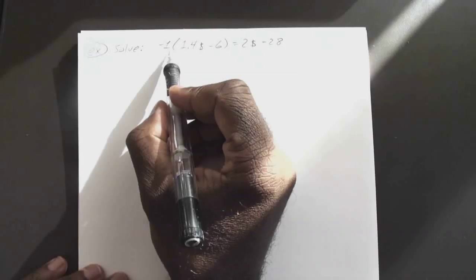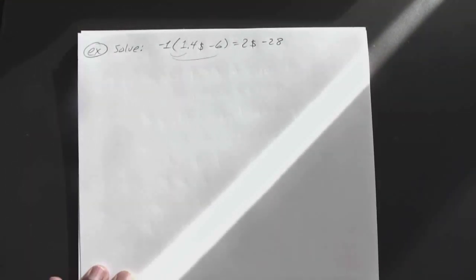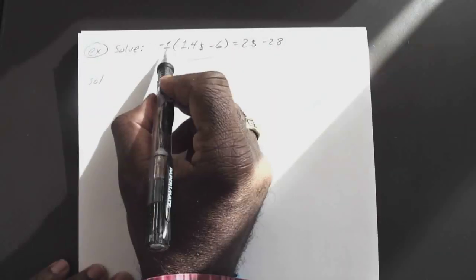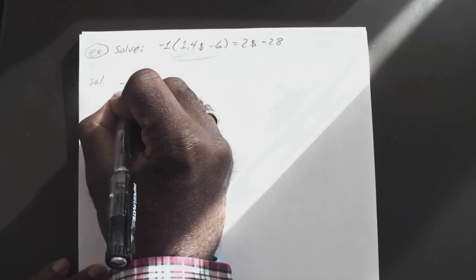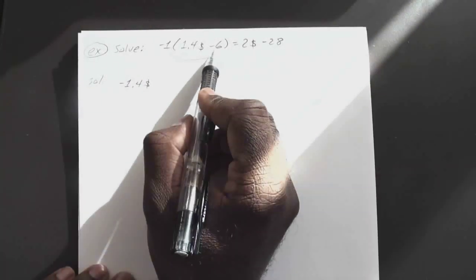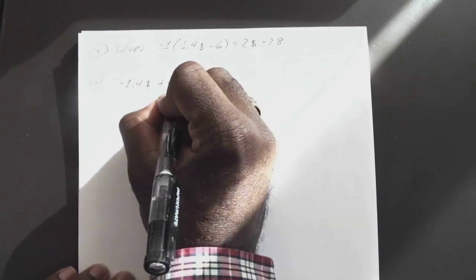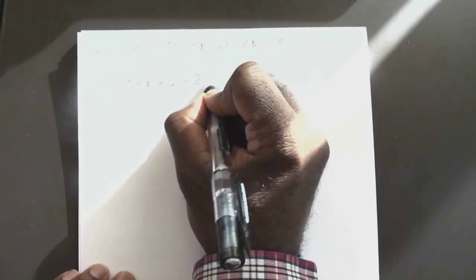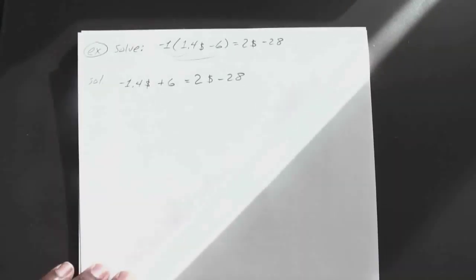Okay. Now with this one, since it's just a whole number, we can go ahead and distribute the negative 1. Okay, so negative 1 makes that negative 1.4s. Negative 1 times negative 6 is just plus 6 equals 2s minus 28.